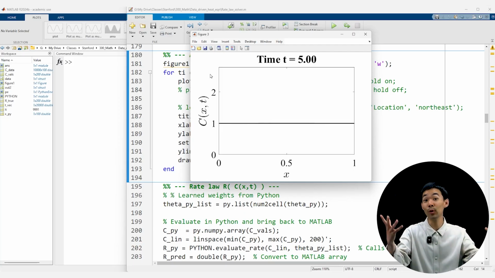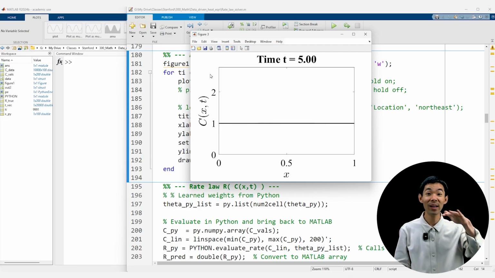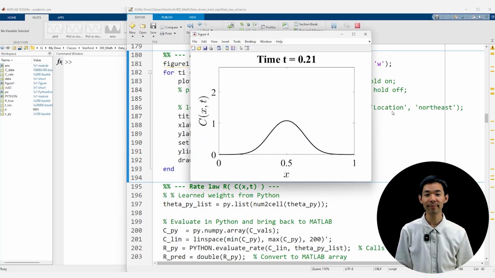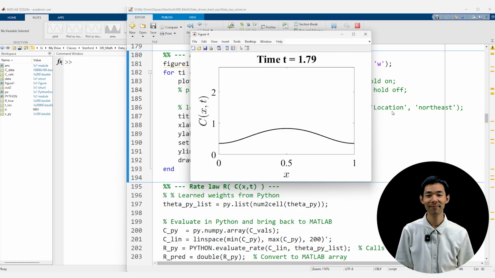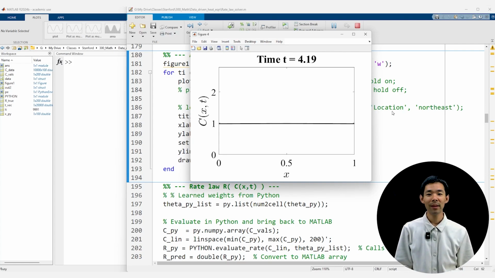And then now it starts to produce everywhere so that the final steady state goes to 1 all the way across. Let's watch it one more time. There we go. This is the simulated data set solved using that autocatalytic chemical reaction.